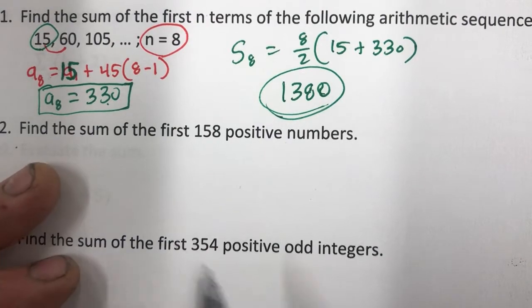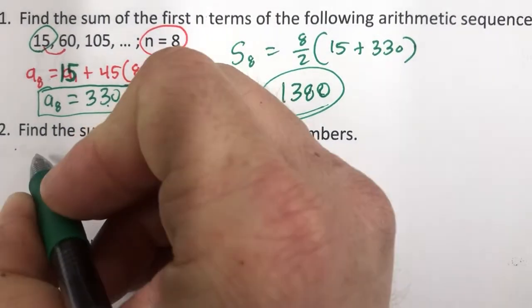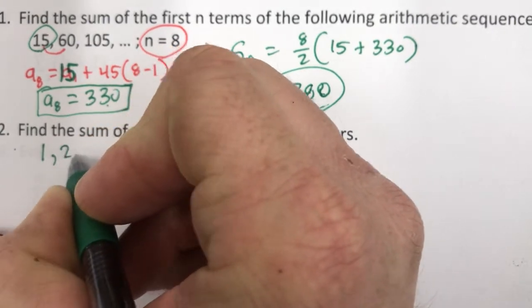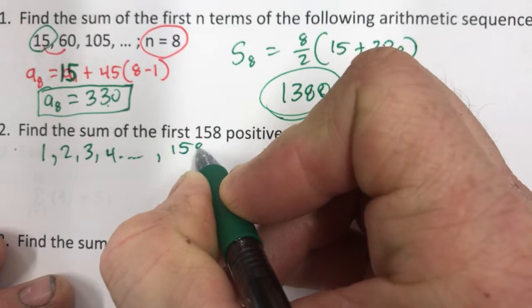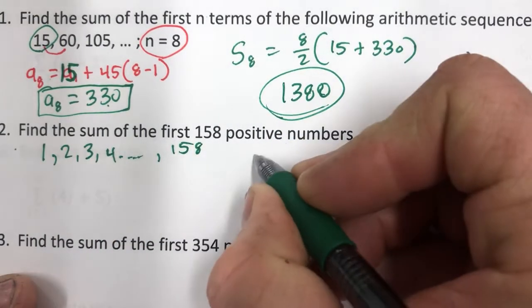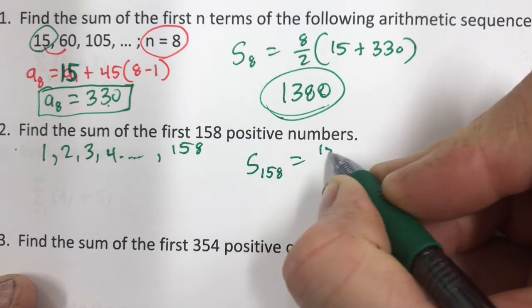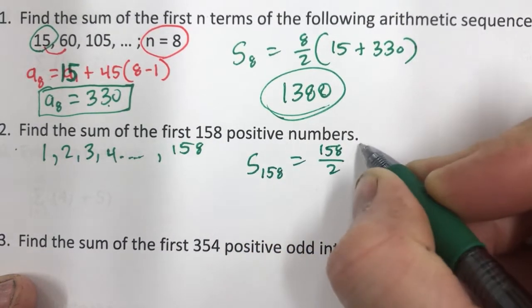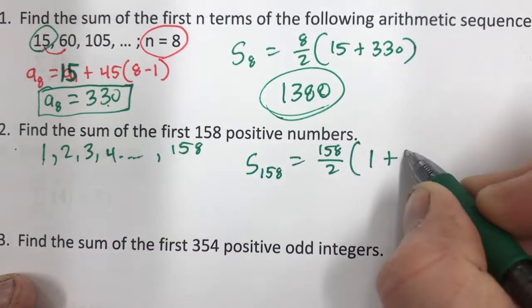Okay. Here's another one. Find the sum of the first 158 positive numbers. Okay. So this is going to be 1, 2, 3, 4, and all the way up to 158. So we're ready for this. The sum of these 158 numbers is going to be 158 divided by 2 times the first number, which is 1, plus the last number, which is 158.